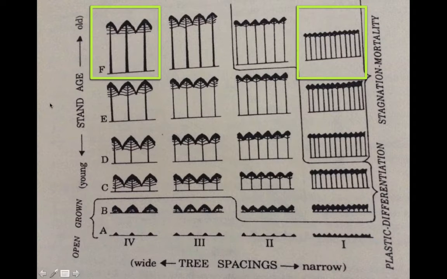In the least dense stand, we see that change, but comparing that to our most dense stand, we see how much of a difference. Each individual tree in this most dense stand has so much less growing space, so much less available nutrients, water, light. They're competing for these resources at a much higher rate than the trees in this least dense stand.